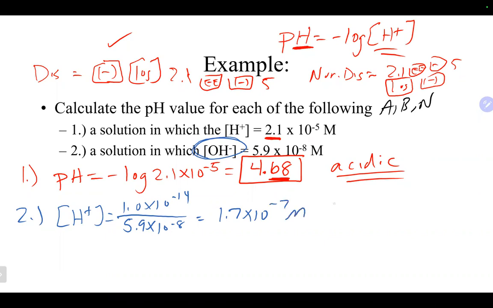Now that we do have that for our H plus, our pH would equal minus the log of 1.7 times 10 to the minus 7.